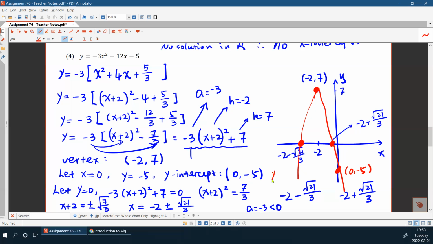Okay, now let's label the curve with its expression. Okay, so this is a complete sketch of this function. And again, if you want to label its axis of symmetry, the line has a function of x equals -2.